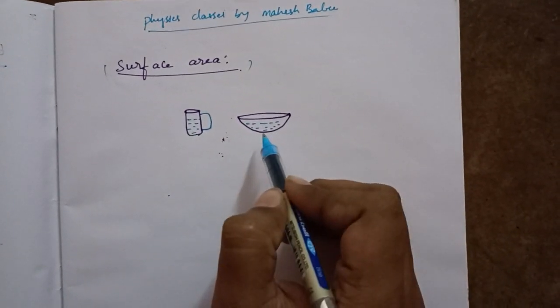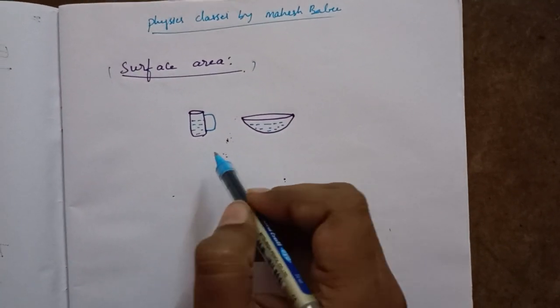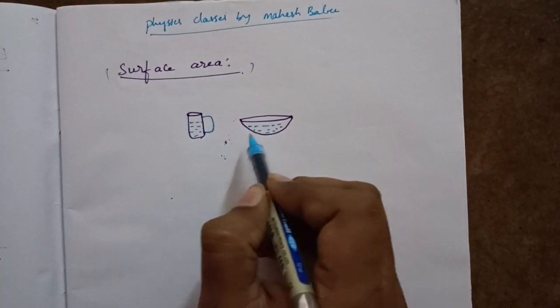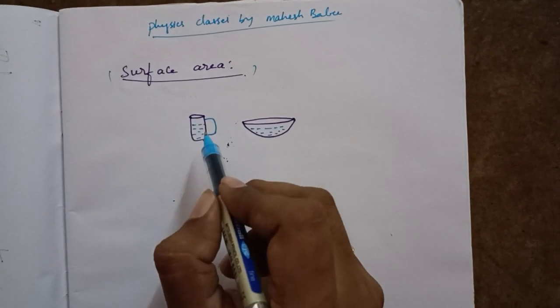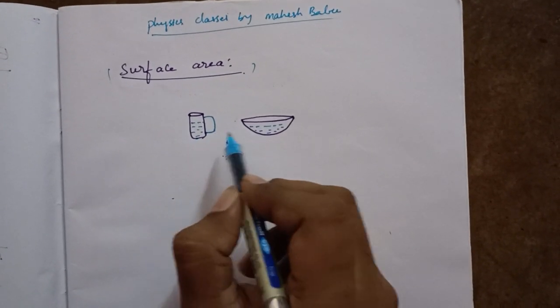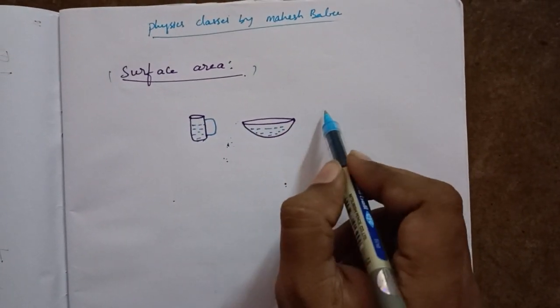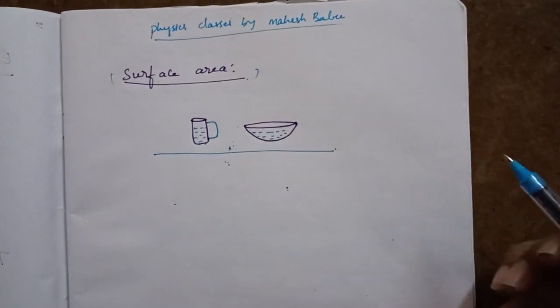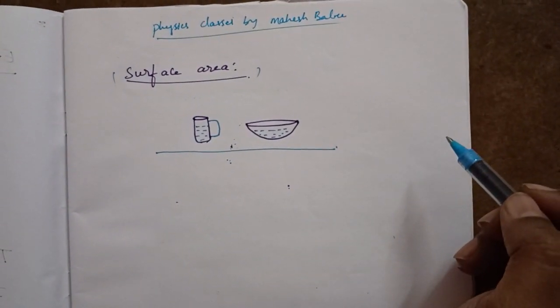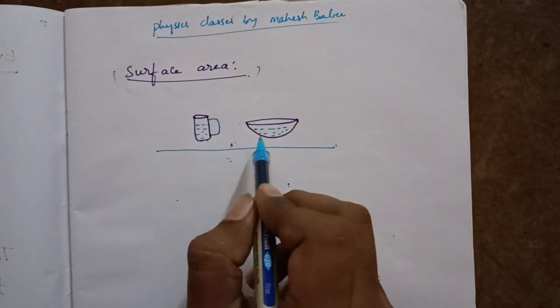Both are filled with the same liquid, either water or spirit, and the same amount of liquid. How much water we have taken in one, that same amount we have to take in the other. Both are placed in a room in normal atmospheric conditions, at the same place.